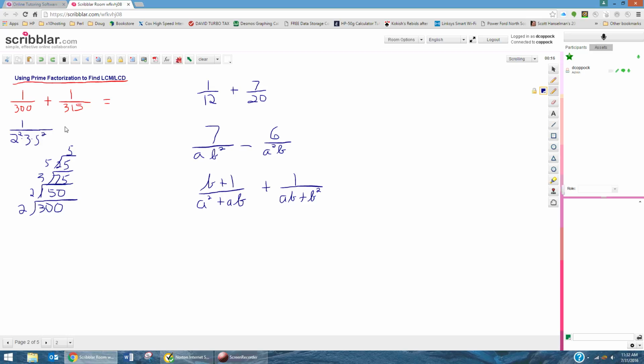Now let's do the same thing for the 315. I'll move down here a little bit further. This number is not divisible by 2, but it is divisible by 3 because the digits add up to 9, which is divisible by 3. 105 is divisible by 3 because the digits add up to 6.